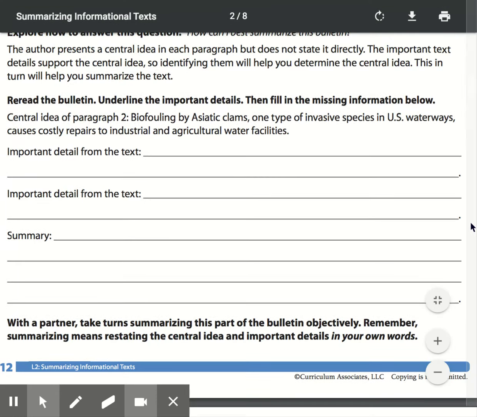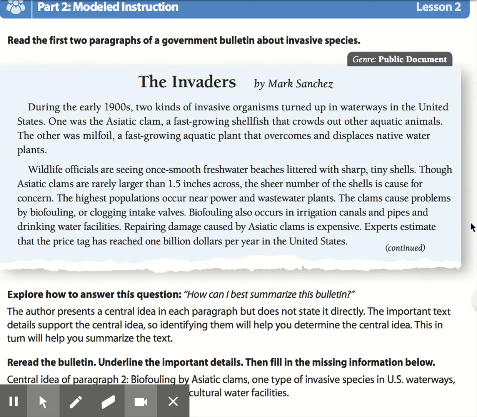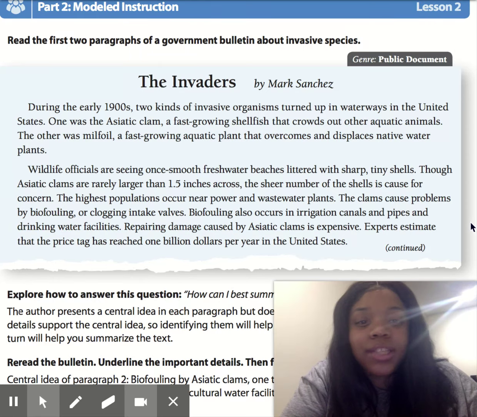After I read, I ask myself, what is the central message the author wants to share? In paragraph 1, I see the author identifies two types of invasive organisms found in the waterways. So that's already something that I'm thinking about, right? But that's only in paragraph 1.